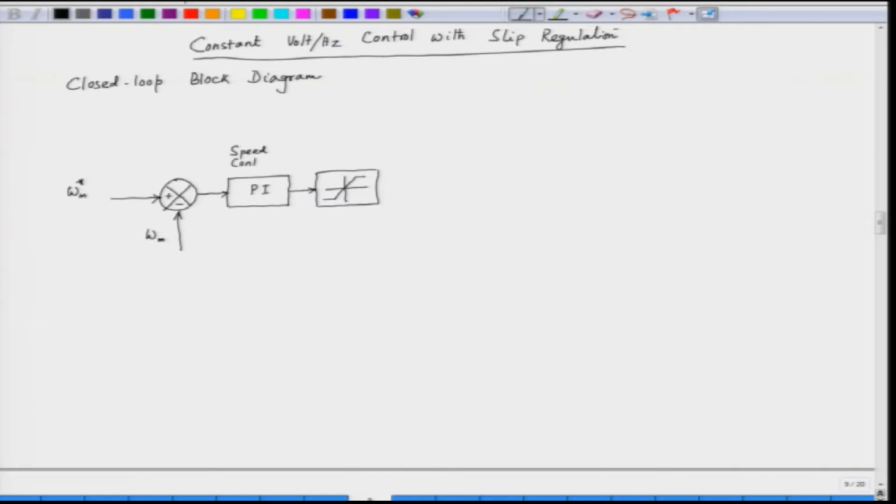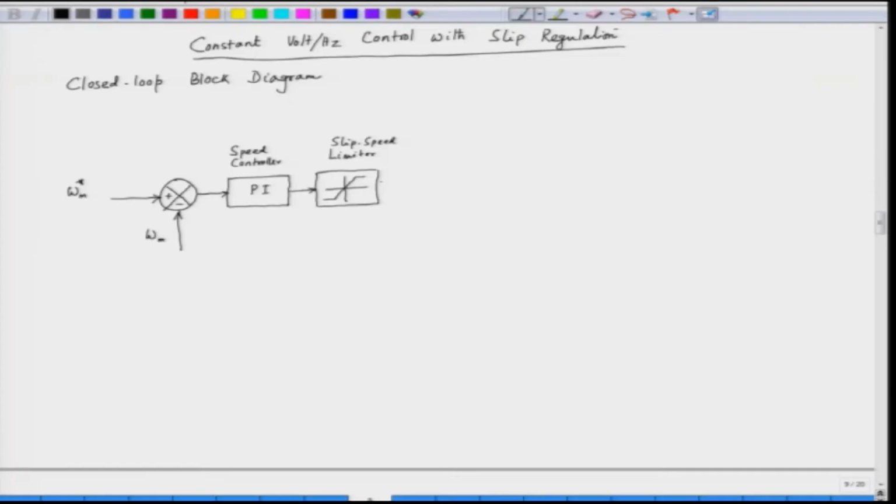The output of the speed controller is slip, and this is called the slip limiter, or slip speed limiter. We are limiting the value of the slip speed. The output of the speed controller is usually the slip speed, because we know torque is a function of slip speed. If we want to increase the torque, we increase the slip speed.